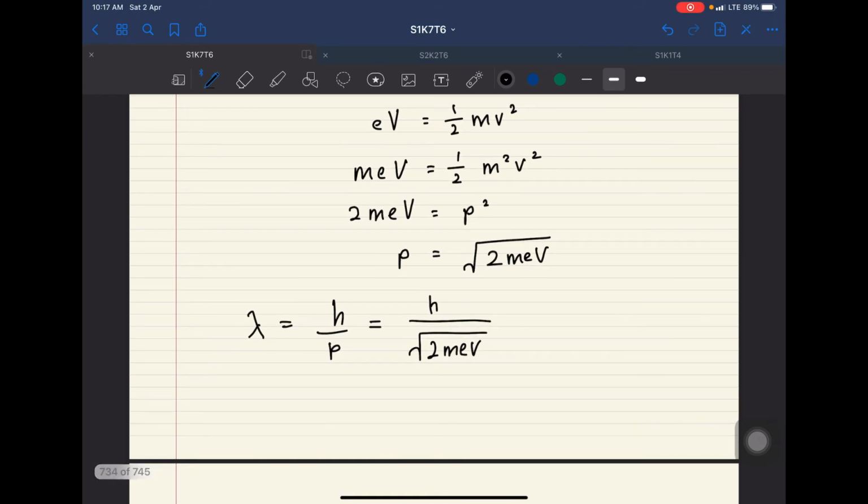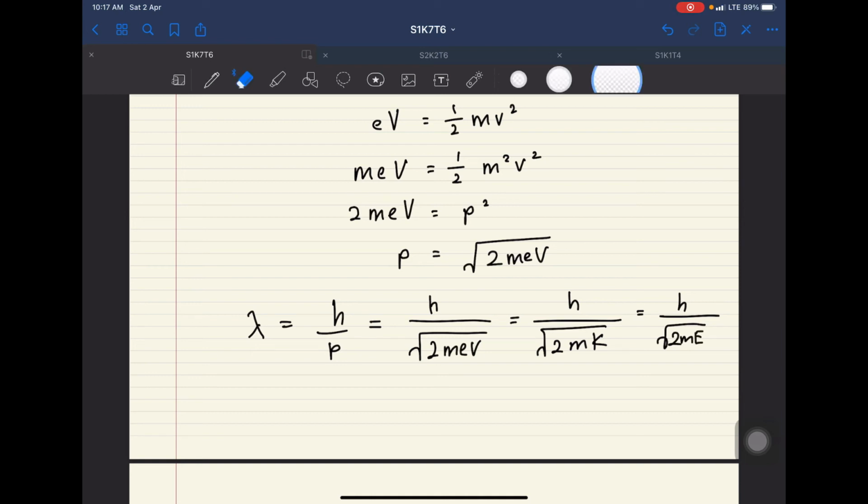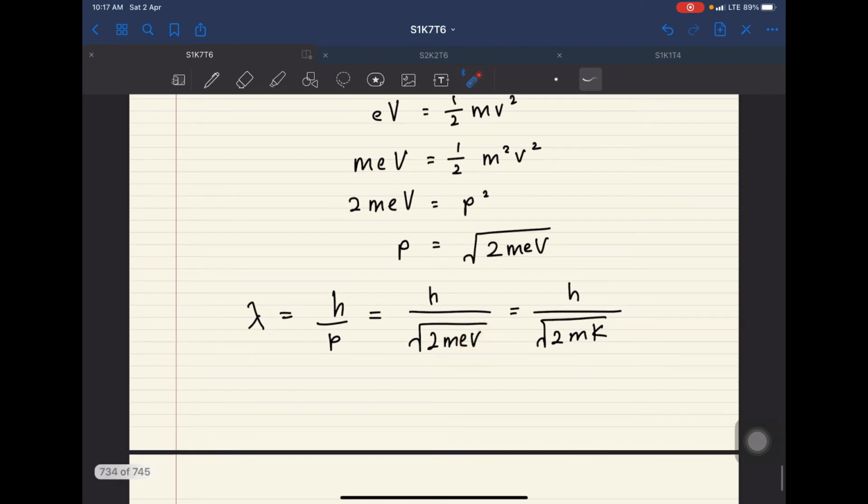Obviously eV you can write in terms of K, so it becomes 2mK. If you are talking just about the energy, you can write this as 2mE as well. But normally we use the kinetic energy or eV here.